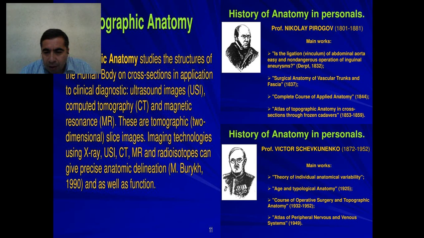They are the same as you have studied in your anatomical textbooks, but each body has special features, and from here we get the term of anatomical variability. It's the norm.